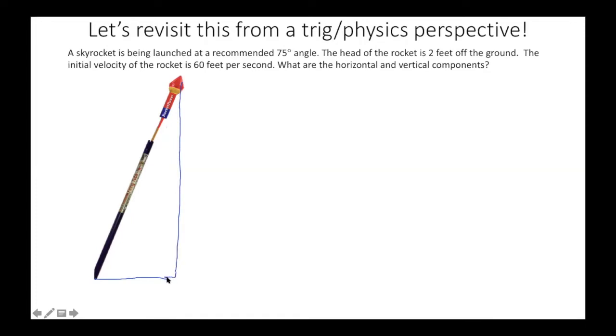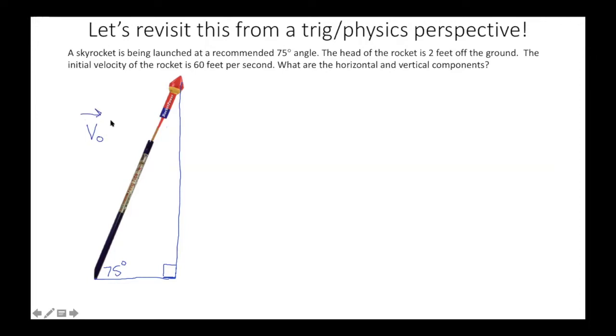Okay, so here is our 90-degree angle. And we know we're going to fire this at an angle of 75 degrees. And we know the initial velocity, the velocity vector, which I can call V naught. Naught means initial.